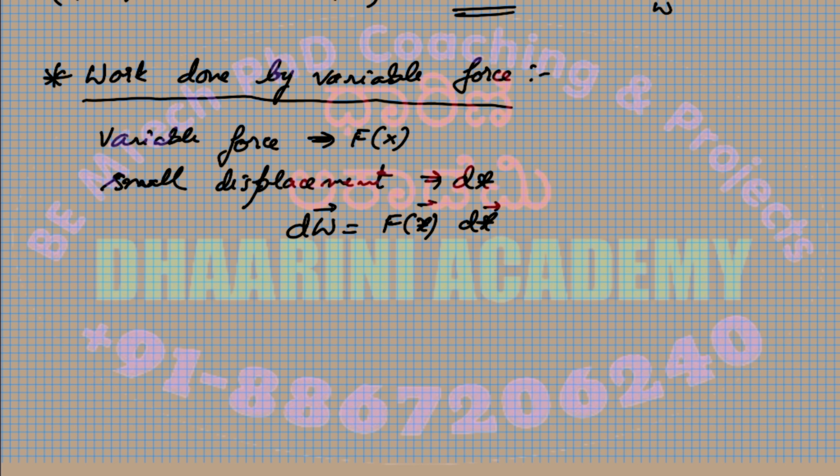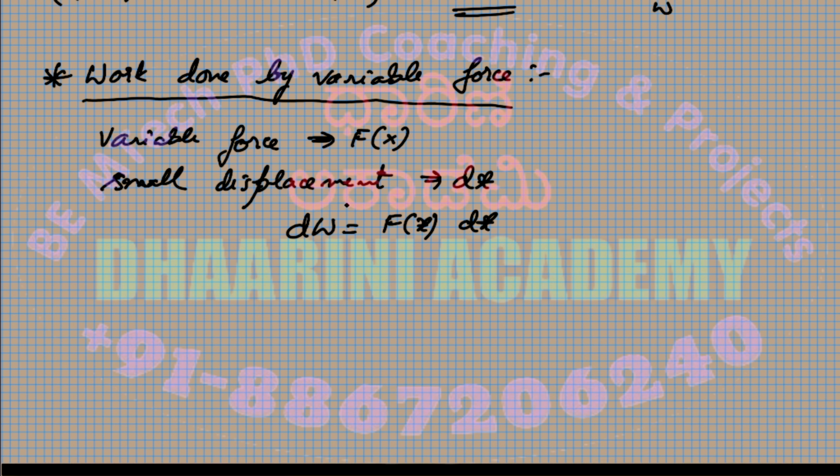Okay, the w is not a vector. So, anyway, let me remove the vector notation completely. Right. This implies if you want to calculate the total work, the w is nothing but integration of dw. So that is integration f of x dx. Right? We will normally put the limits, right? When the object is moving from x1 to x2, right?